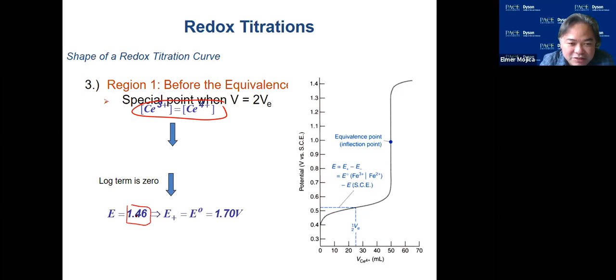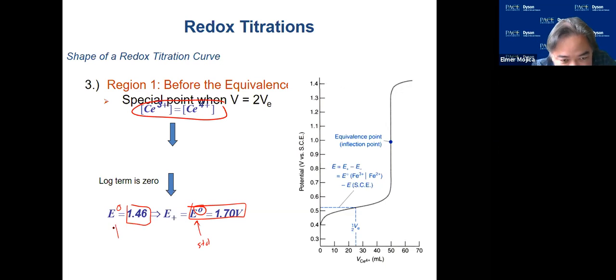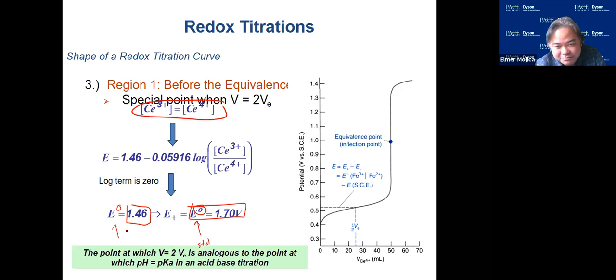The potential that you have there is 1.46, compared to the standard potential that equals 1.70. So I hope you see the difference between this and this one. This is the standard potential, and usually it's listed. Now this one depends on the concentration that you have. So the point at which V equals 2Ve is analogous to the point at which the pH equals the pKa.